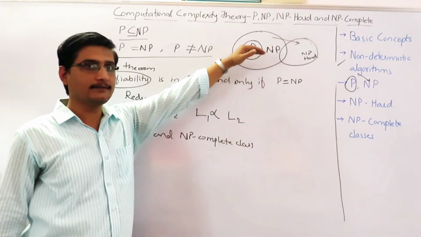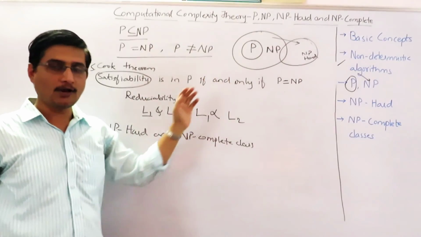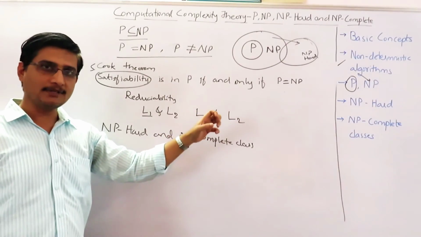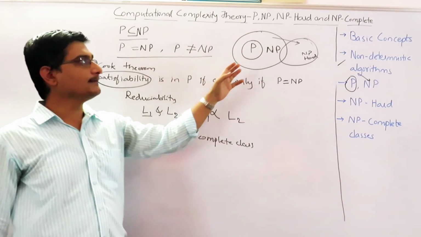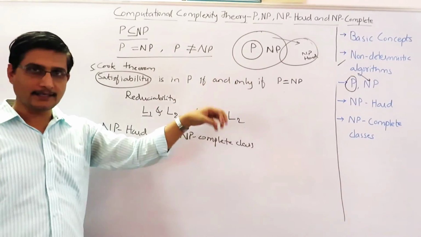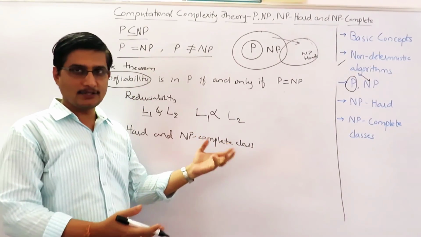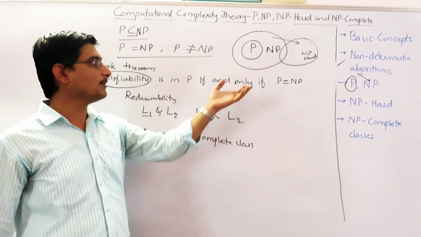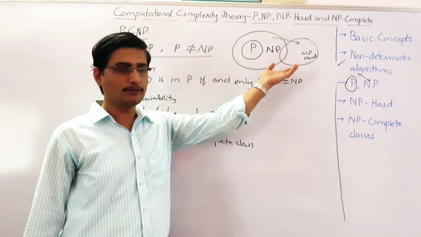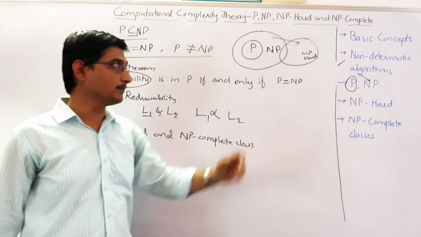Non-deterministic algorithms which were there in NP, if we are able to transform or reduce them to a problem of deterministic polynomial time, then we say that it is NP hard. We say that it is reducible to it. Reducible to it means still we don't know they can be solved. There are large classes of problems which are not yet solved in polynomial time. If we are able to reduce them to it, then we say that they are NP hard problems.